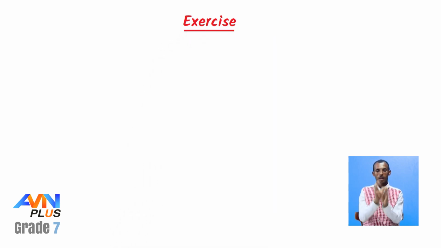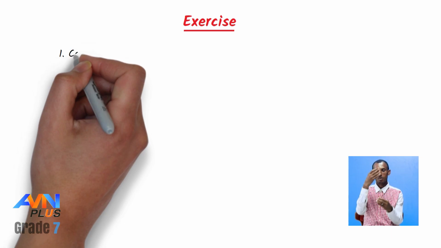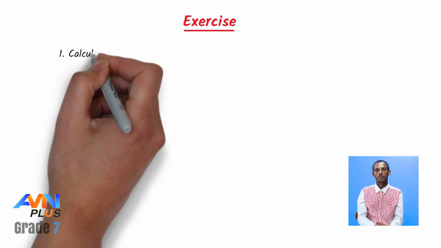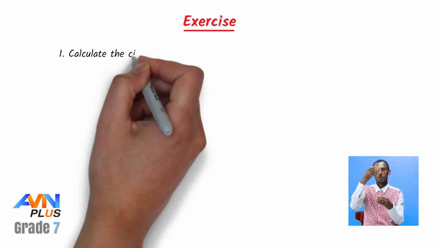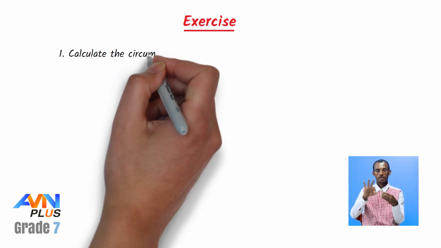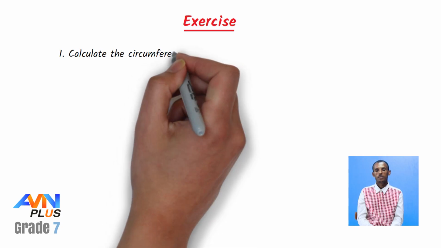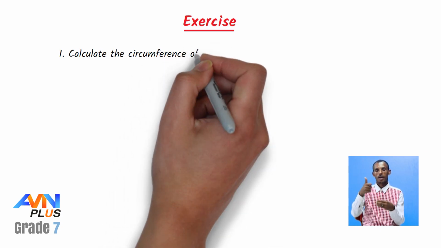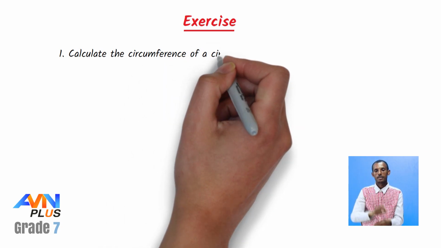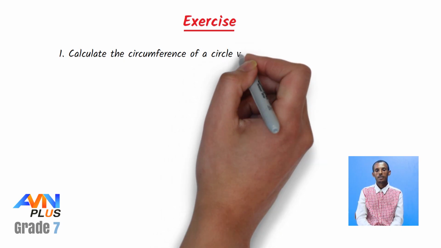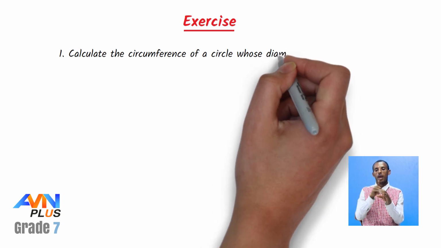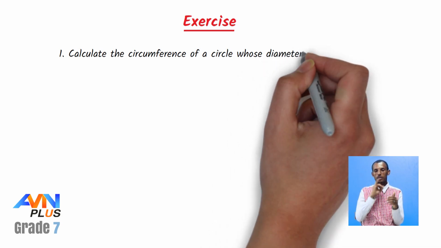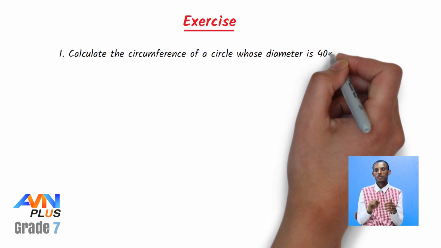Calculate the circumference of a circle whose diameter is 40 meter long.